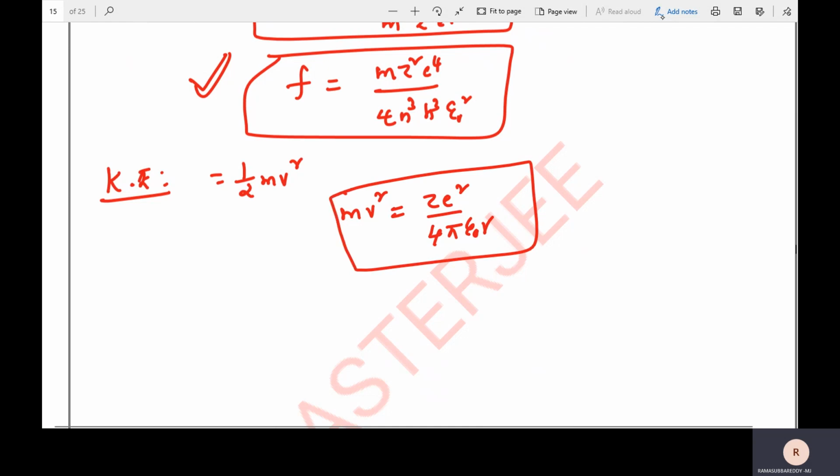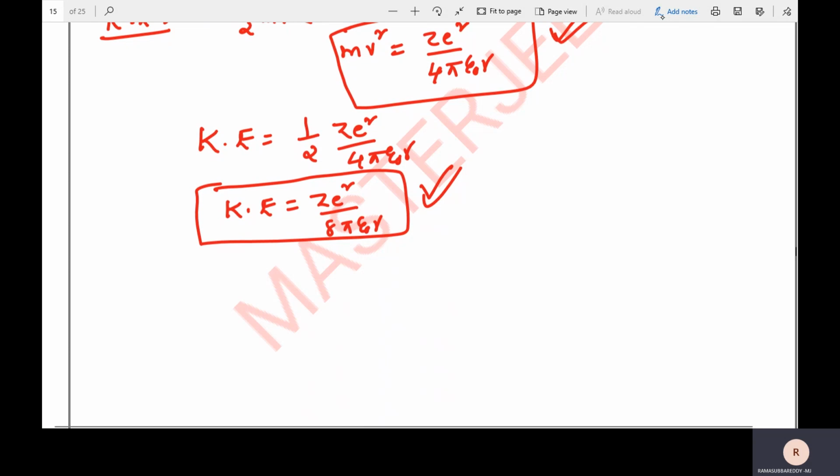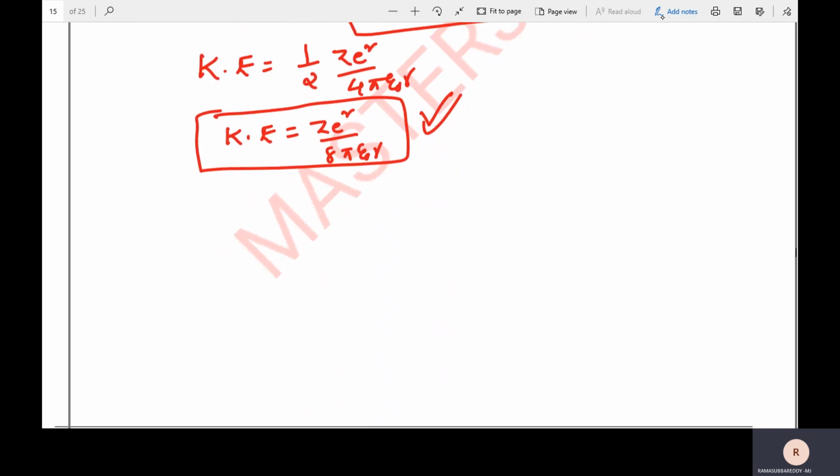We substitute that here, so kinetic energy is equal to Ze square by 8 pi epsilon naught r. That is the kinetic energy of the electron in the Bohr hydrogen model.